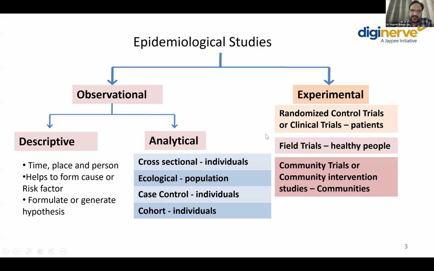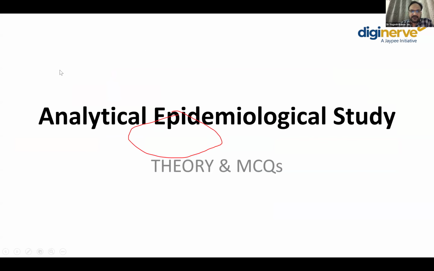So today we have this analytical portion. In this portion, we will discuss how to test the hypothesis, and all four types of the analytical study: cross-sectional, ecological, case control, and the cohort study. Okay, so we are going further.